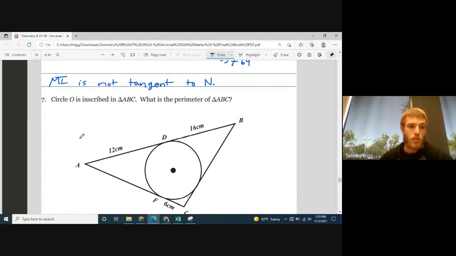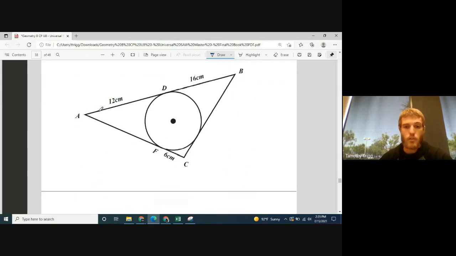Okay, circle O is inscribed in triangle ABC. What is the perimeter of triangle ABC? So here's triangle ABC. Since it's inscribed in the triangle, each side of this triangle is tangent to the circle.